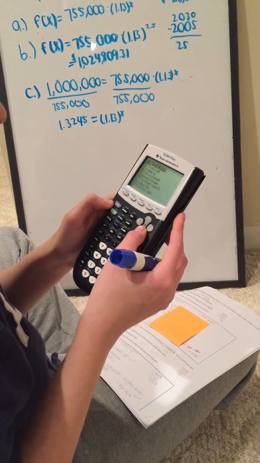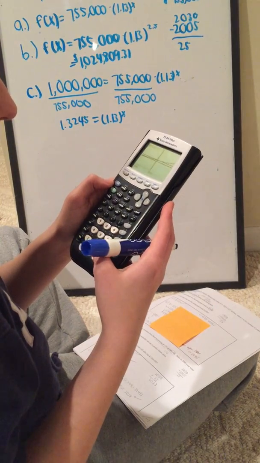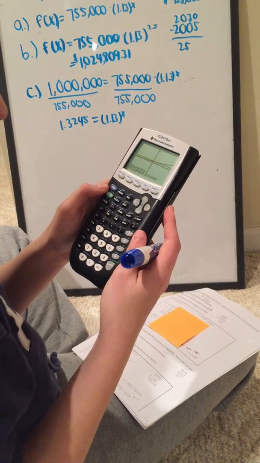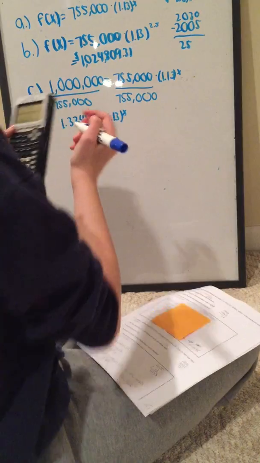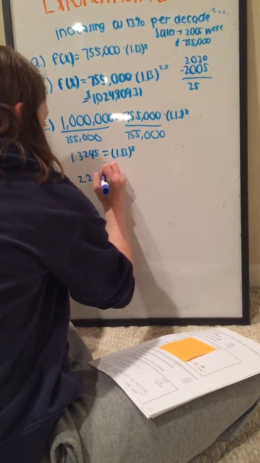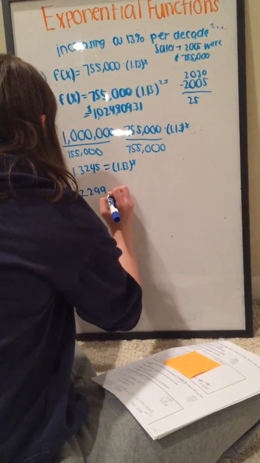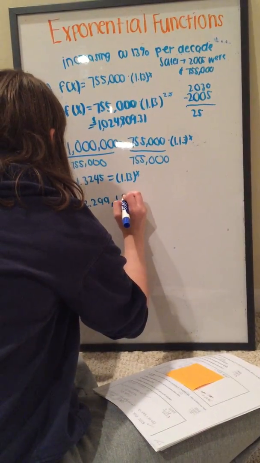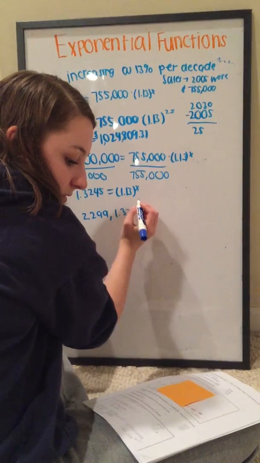Second calc intersect, and then we end up getting 2.299, and then 1.3245.